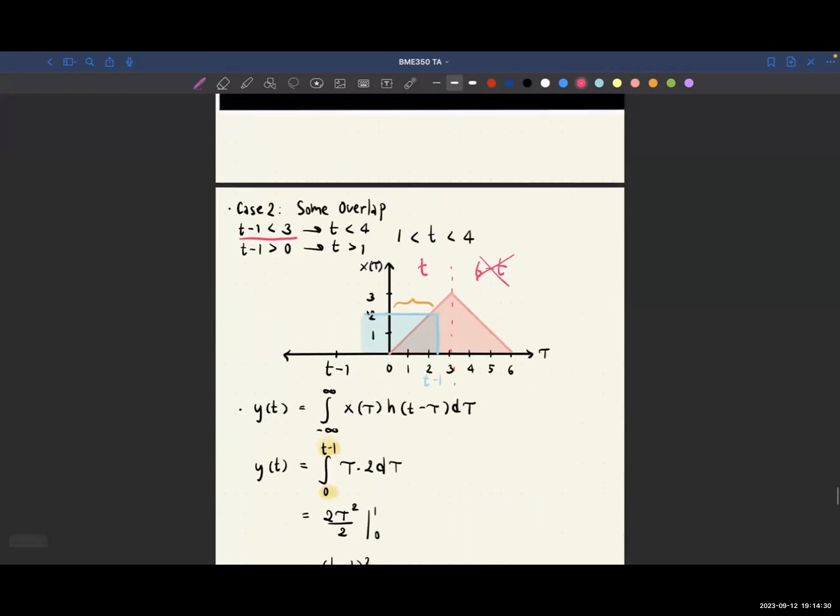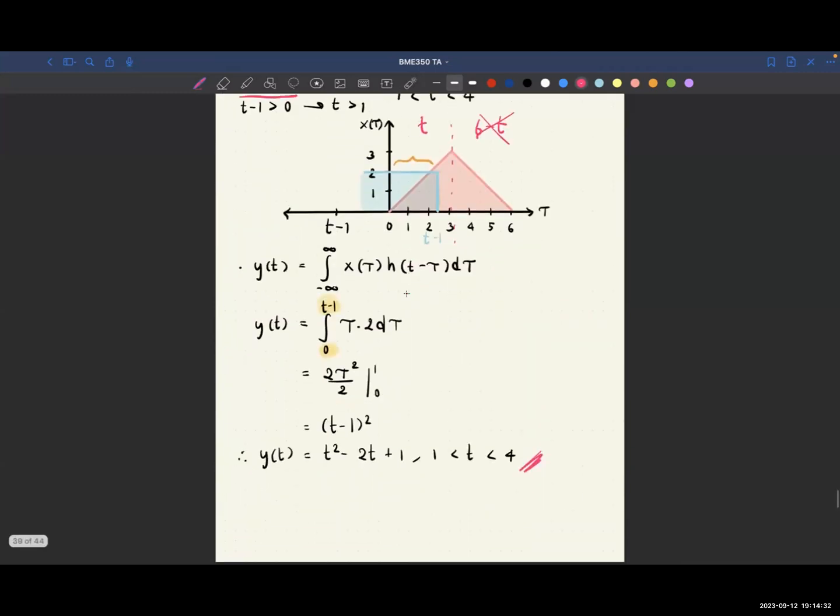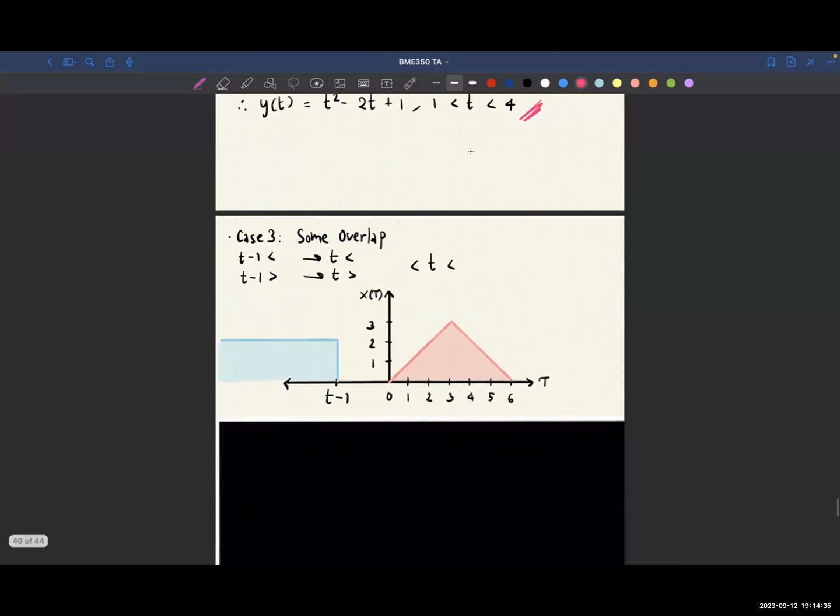Now let's look at the next scenario. First we talked about when we want our h of t minus tau to stop right before 3, right? Now we want the area of overlapping to also cover this part too. So our graph now passes t, and now we enter the 6 minus t part.